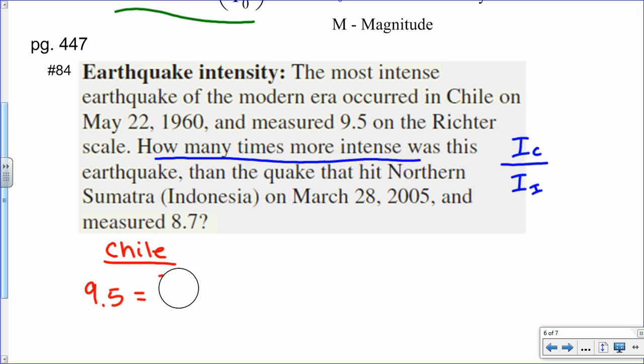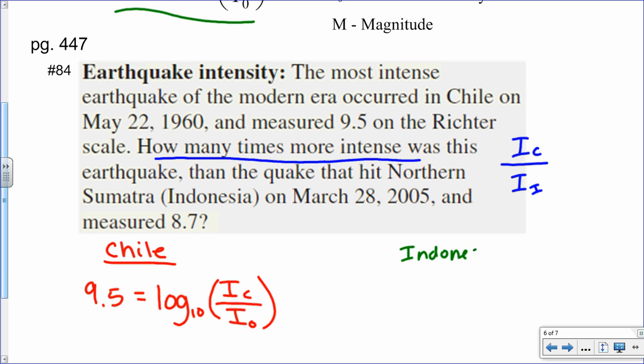And I'm sorry, I forgot the log down here. So this is log base 10. Now let's do the same thing for Indonesia, but this time the magnitude was 8.7.